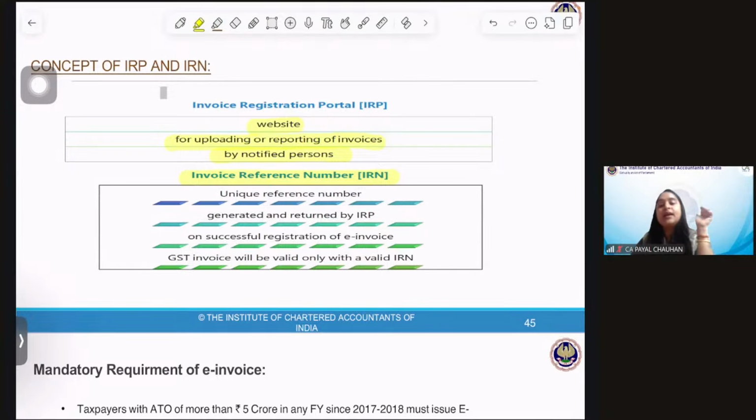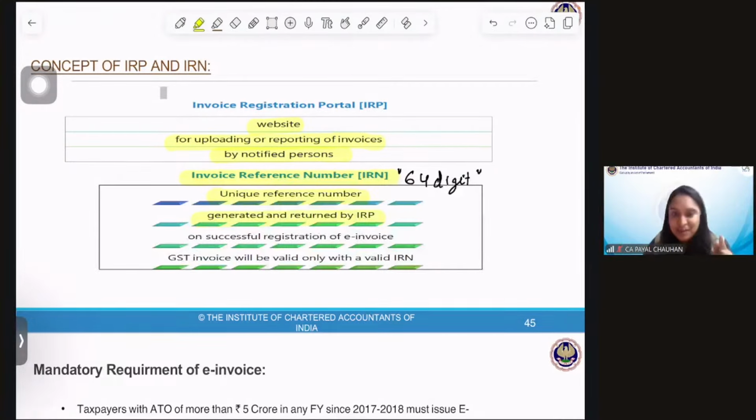And once my authentication is done, I'll get an IRN, the invoice reference number. I told you also, it's 64 digits. How many digits? Perfect, 64 digits. Now we'll have basic information about it. It's a unique reference number, generated and returned by IRP.